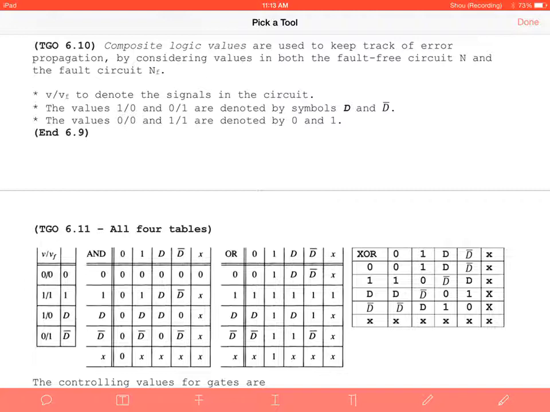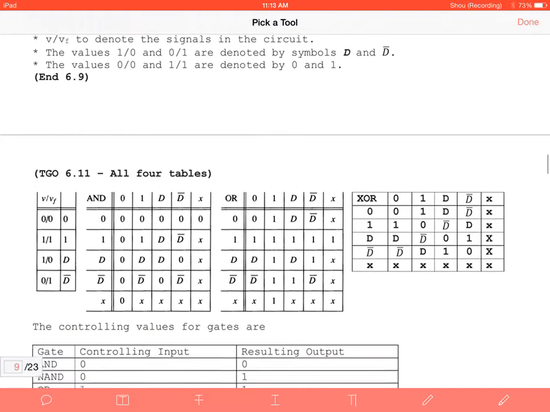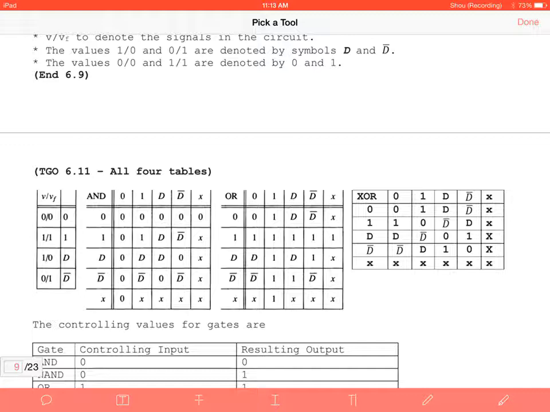So I'm going to scroll up a little bit here so you can see. When you have a D on the input of an AND gate, that means it should be 1 and is 0. So D and 0 is going to give us 0 every time, because it doesn't matter if it should be 1 or should be 0. It should be 1, 1, 0 is still going to give us 0. It actually is 0, it's going to give us 0.